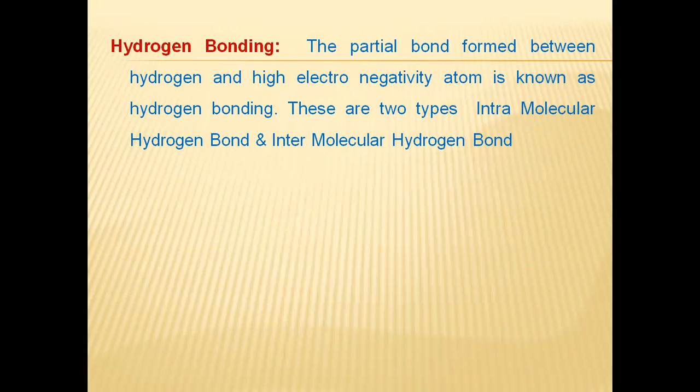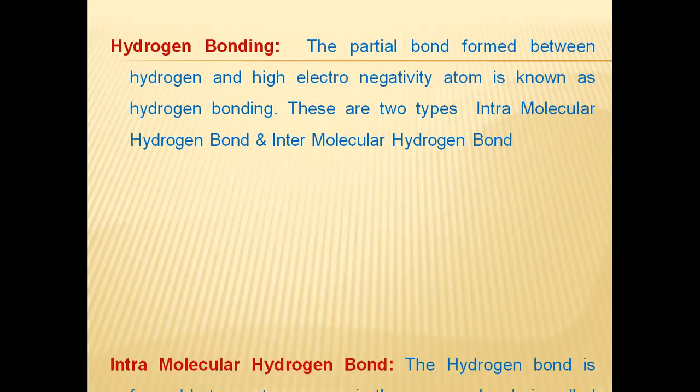What is hydrogen bonding? Hydrogen bonding is nothing but the partial bond formed between hydrogen and a highly electronegative atom. These are of two types: intramolecular hydrogen bonding and intermolecular hydrogen bonding.